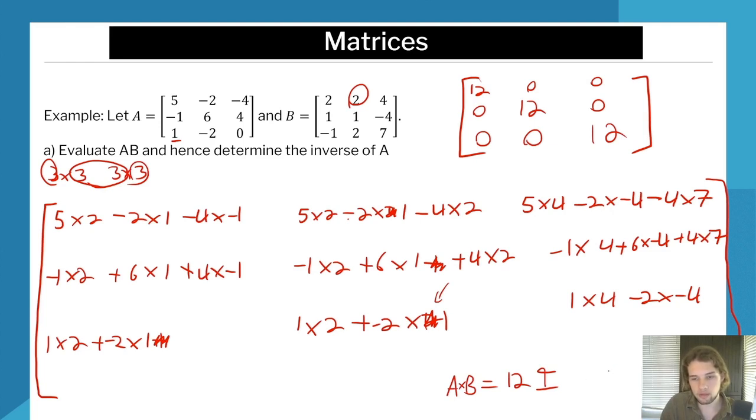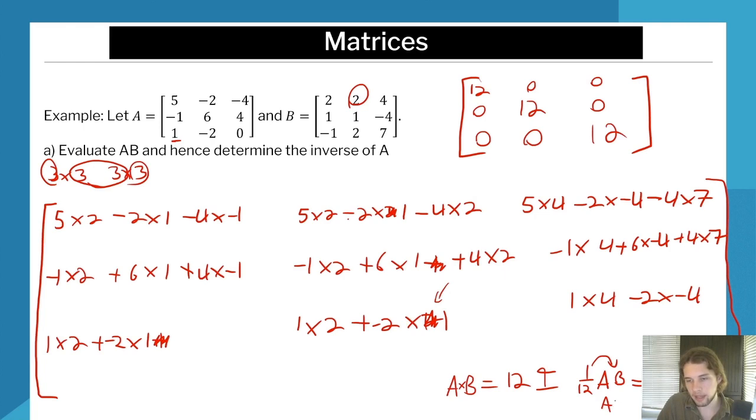Now this means that I can assume 1 over 12 A times B is equal to the identity, which means I can just comfortably shift, since again, scalar multiplication is commutative, this scalar, this magnitude, around.